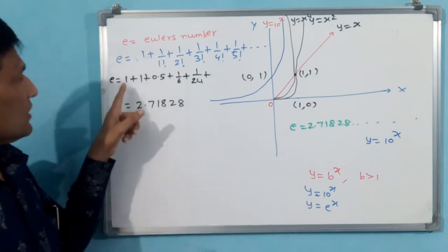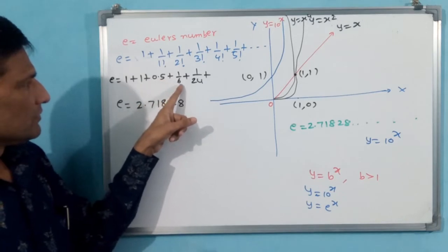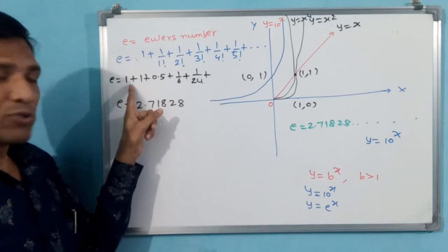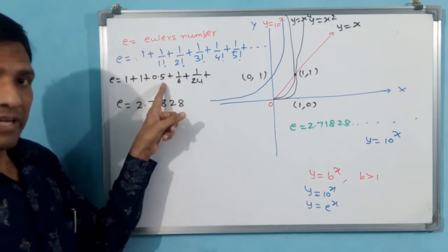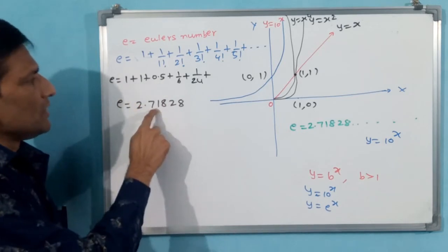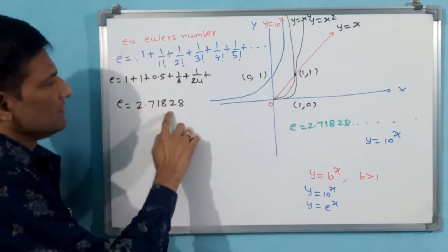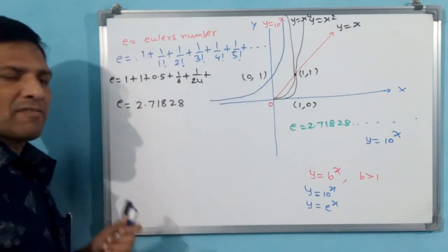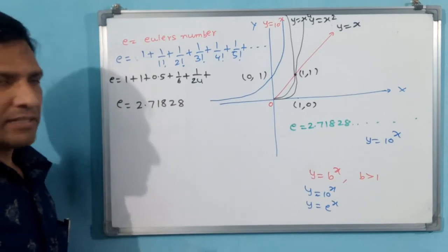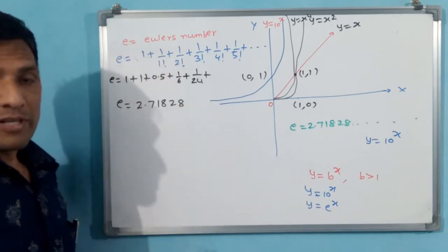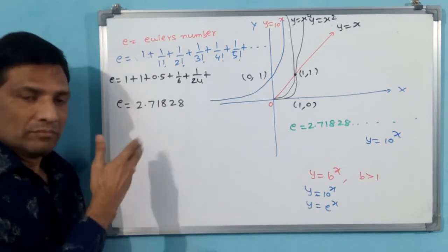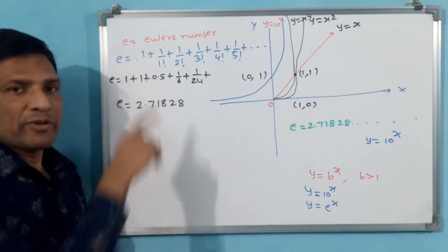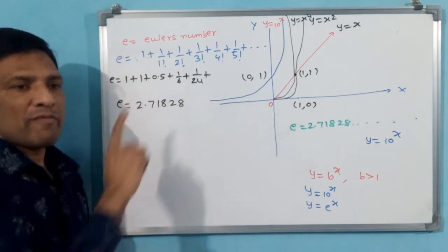You see here, 2.5 is already there. The first 3 terms itself give 2.5. The remaining terms we add like this, it goes on, but we need not take more than 2.71828. This is called Euler's number. Euler's number has come from the addition of terms: 1 plus 1 by 1 factorial plus 1 by 2 factorial plus 1 by 3 factorial plus 1 by 4 factorial plus 1 by 5 factorial plus.